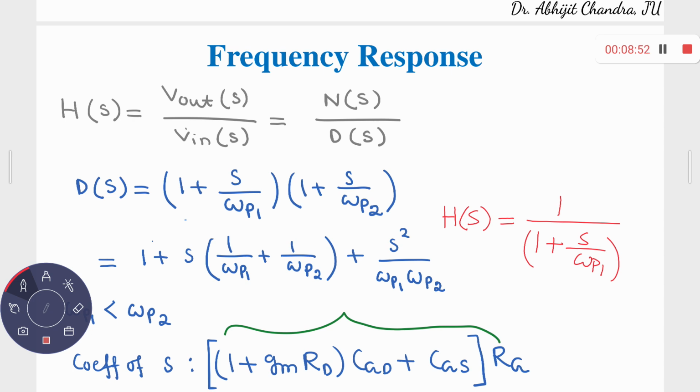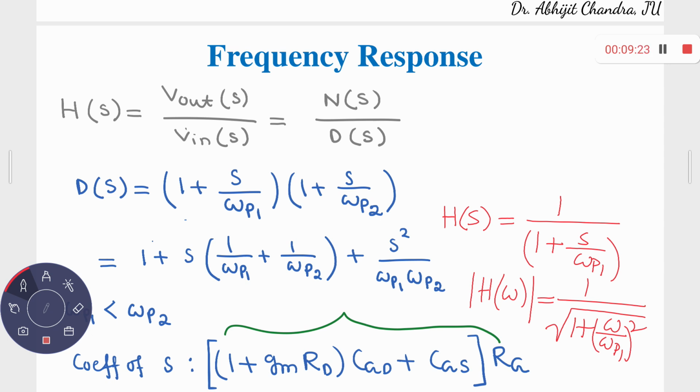Is it a low pass filter, high pass, band stop? What is your idea? Low pass, right? Or you can also write, what is mod of H(omega)? That is 1 by square root of 1 plus omega by omega p1 whole square, right?